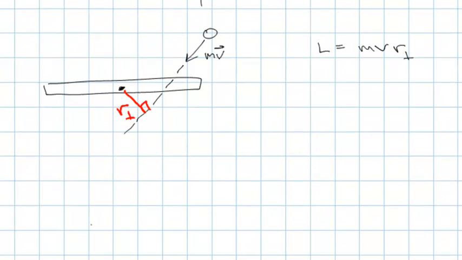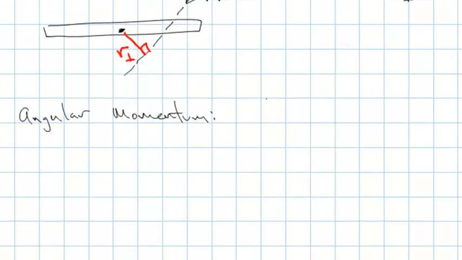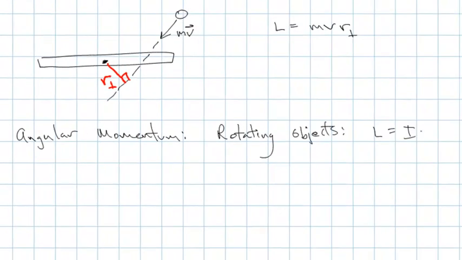And you can see that r perpendicular goes to 0 when the path of the particle goes through the axis of rotation. So we really have two formulas for angular momentum. For objects that are rotating, we use I omega, and for objects that are moving in a straight line, we use mv r perpendicular.